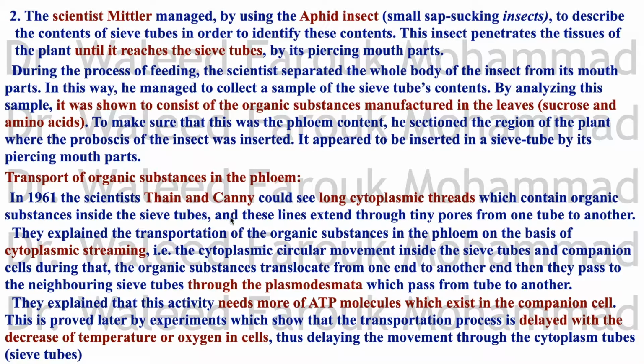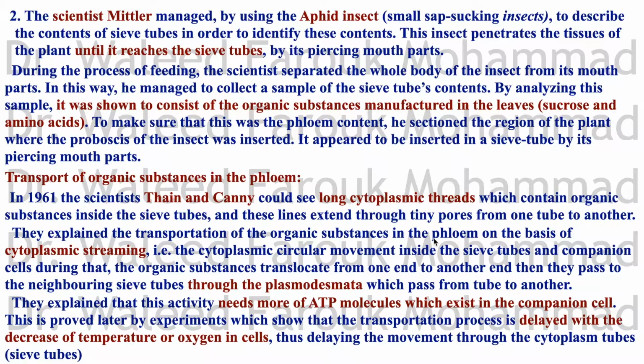Two other scientists, Thaine and Canny, wanted to study the long cytoplasmic threads to see the transport of organic substances in the phloem. Cytoplasmic threads contain organic substances inside the tubes and they extend through tiny pores from one tube to another.